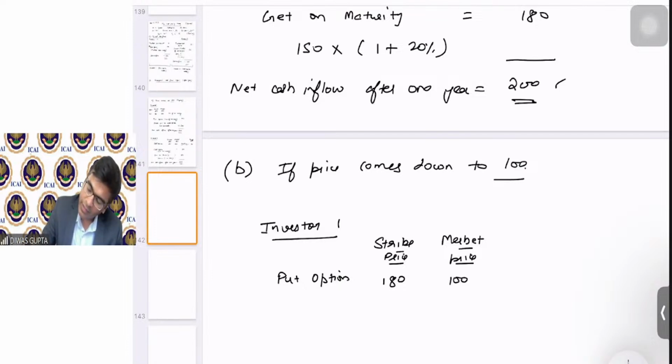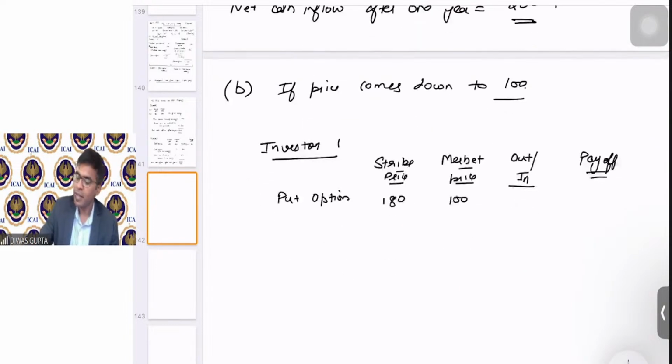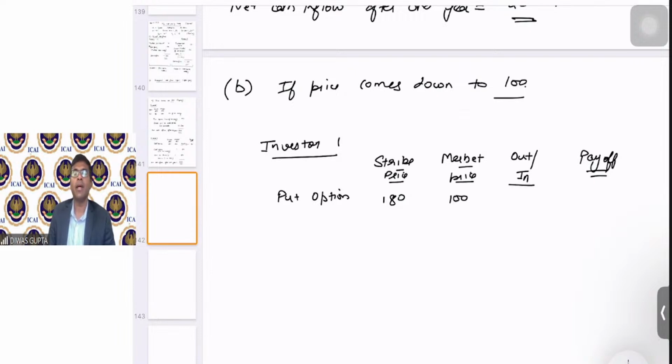Tell me, students, whether it is out or in, and if it is out or in, what is the payoff? Now, come on, students, tell me. Answer, students. 180 is the strike price, 100 is the market price. Whether it is in the money or out of the money, if it is in the money, what is the payoff?